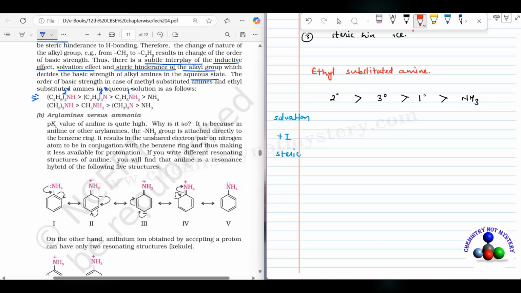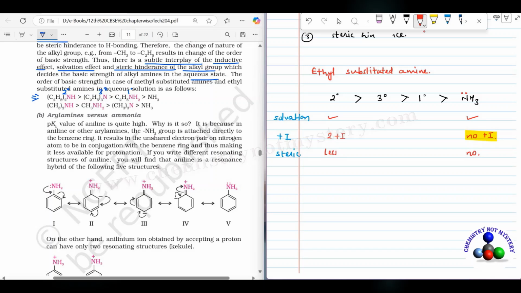Secondary amine is stabilized by solvation, there are two plus I effects, and there is less steric hindrance, so we can say it is less hindered. In case of ammonia, it is solvated, but there is no plus I effect, and no steric hindrance. As there is no plus I effect, the electron density over nitrogen is minimum among them.